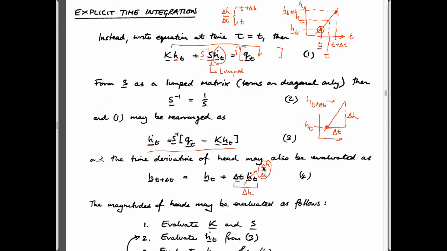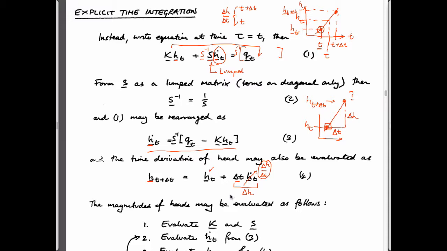In other words, just multiply these things out. So we can get the magnitude of this new parameter here, which we don't know, if we know what this initial head is and what the gradient of this head is.